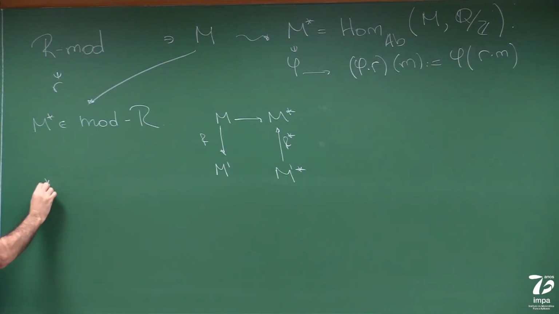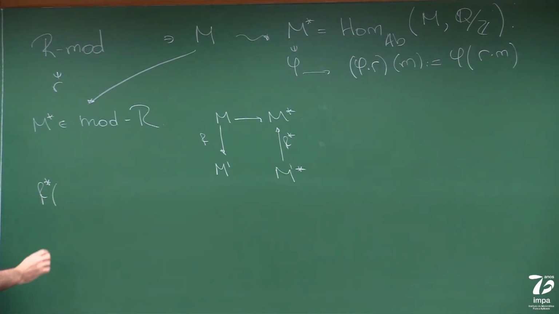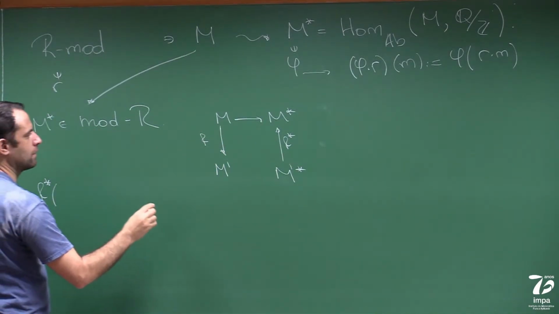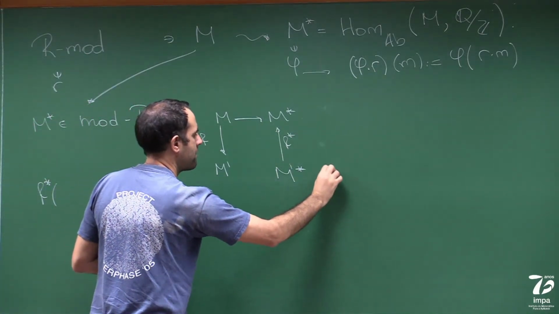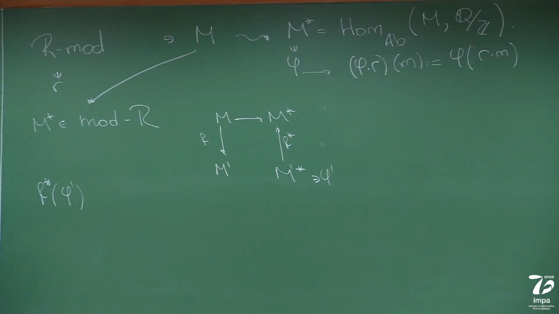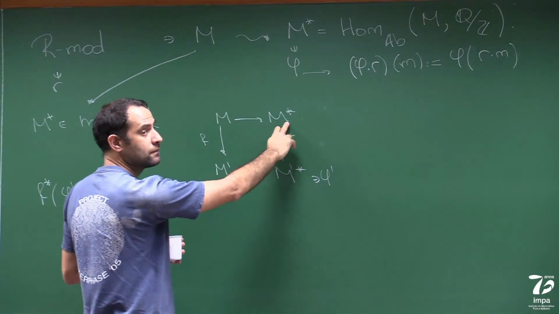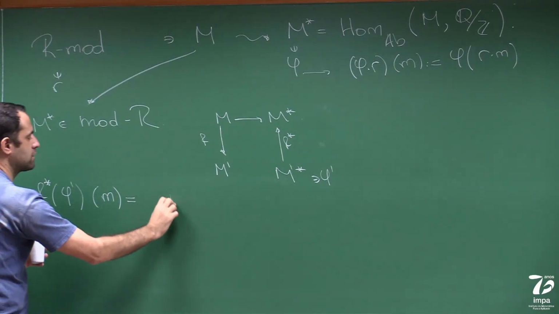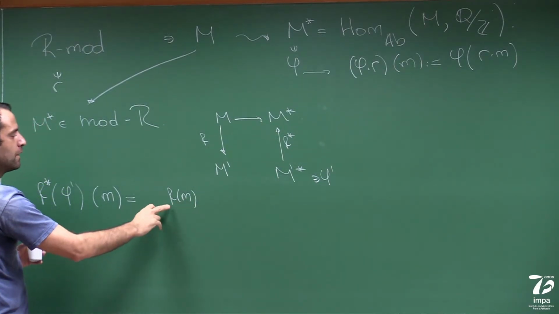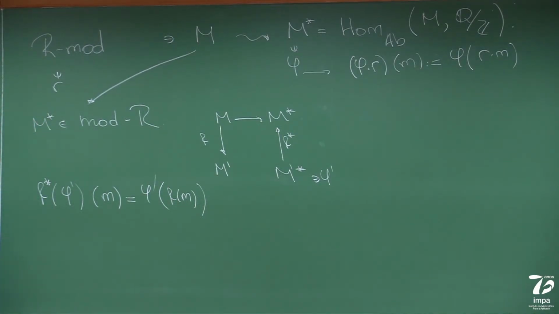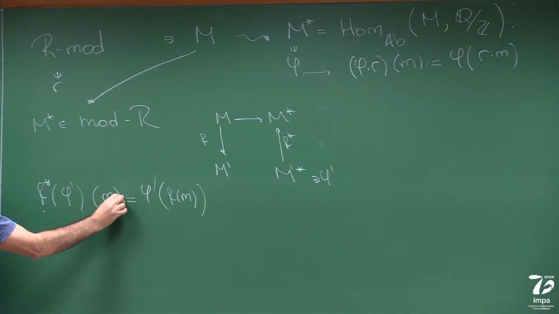Let's say that this map from M to M prime is F. I want to give you a map here of phi prime. This should be an element in here. So this needs to be evaluated on elements in the module M. And I need to tell you what this is. And there's only one thing that I can do: apply F to m, which is an element in M prime, and just take phi prime of that. Okay, so this is the definition of this object.